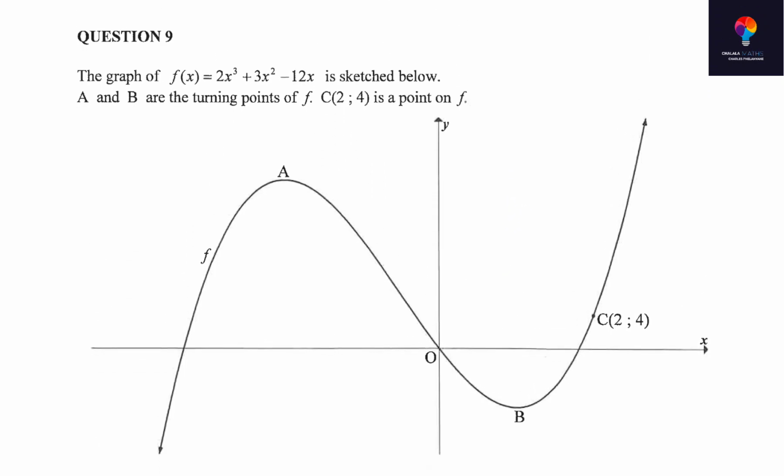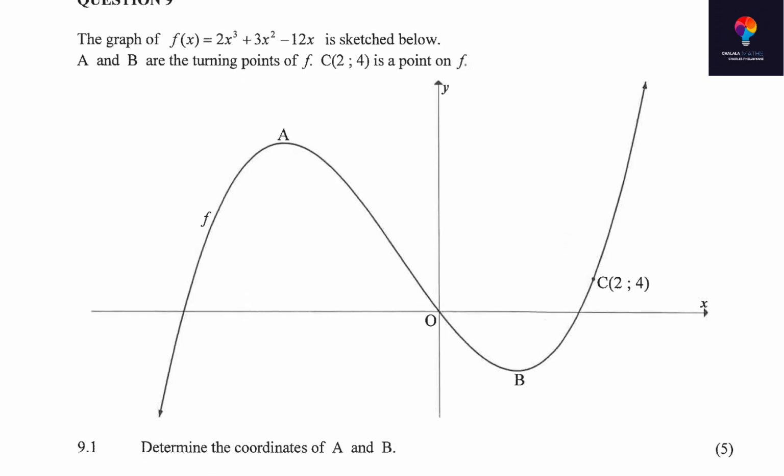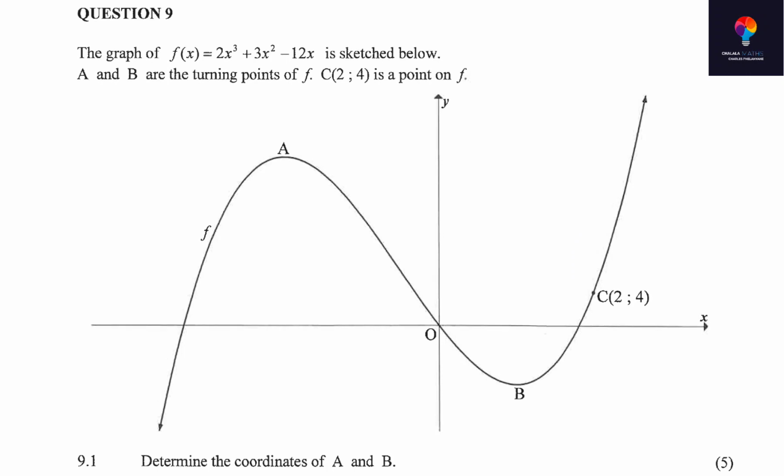As you can see, question 9, the graph there that is sketched in below, A and B are turning points, and C is a point on the graph of f. We know that if we have to get the turning point, we must find the derivative of that equation.